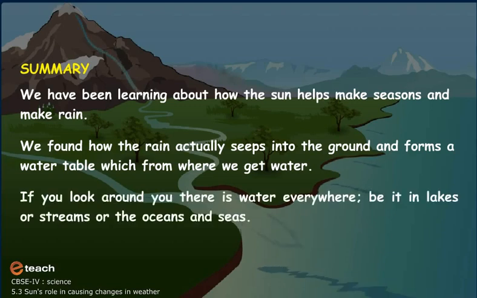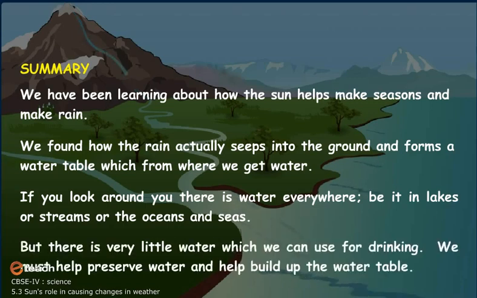If you look around you, there is water everywhere, be it in lakes or streams or the oceans and seas. But there is very little water which we can use for drinking. We must help preserve water and help build up the water table.